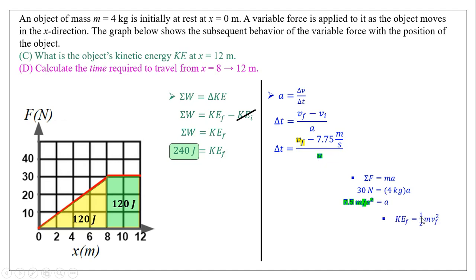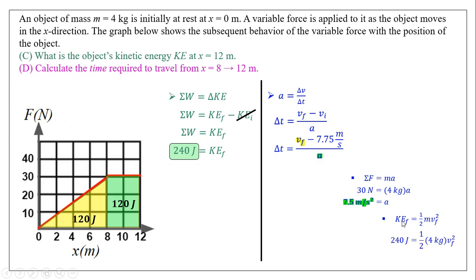Well, to get VF, I can just say that the kinetic energy final is equal to 1/2 mvf squared. VF here is pretty light work. We already know what the kinetic energy is. We know that the net work done for the whole entire system here from 0 to 12 meters is 240 joules, which is Kef.